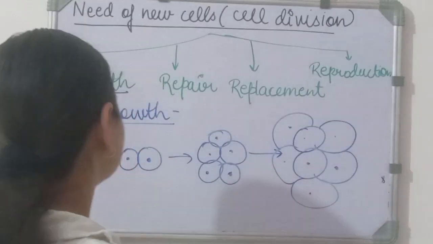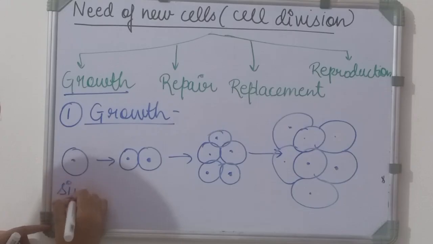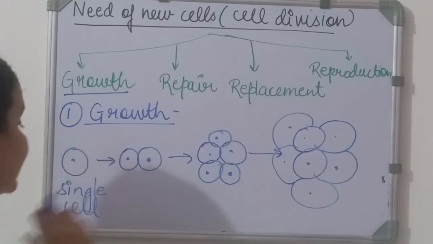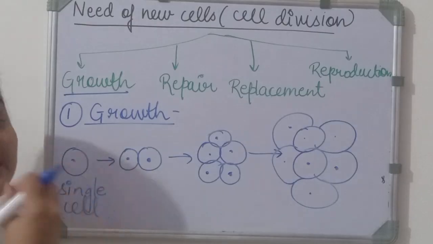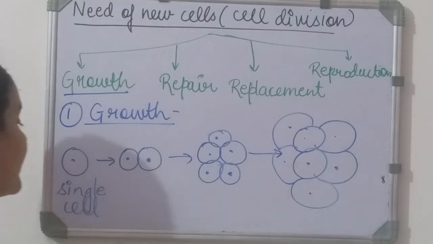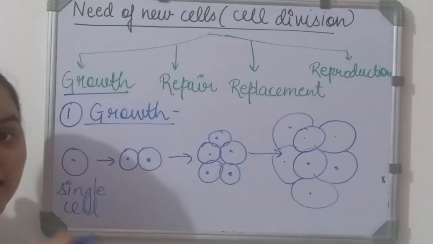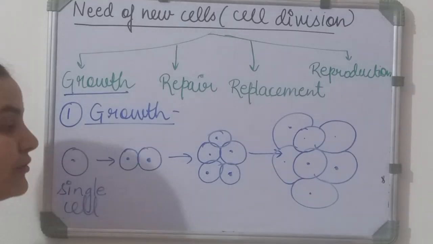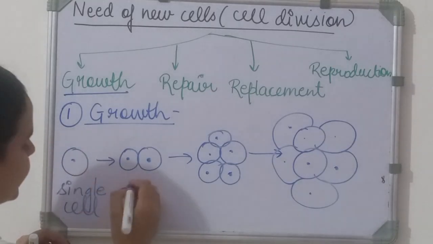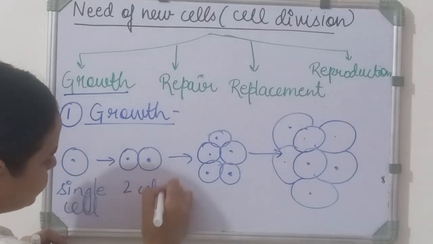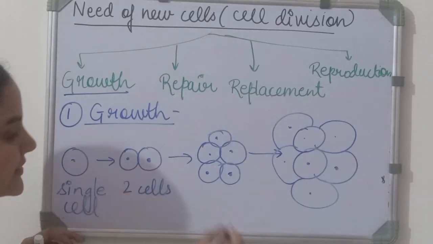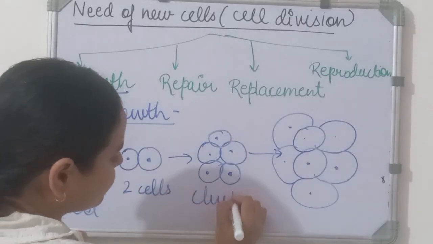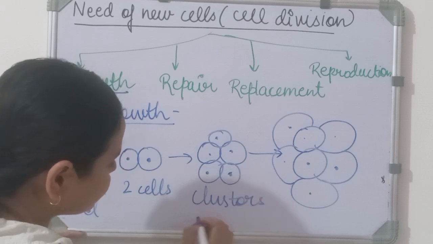Okay, so this is a single cell. A single cell means a fertilized egg. Here the sperm has fertilized the female egg and formed the zygote. From this, a cluster of cells is formed.